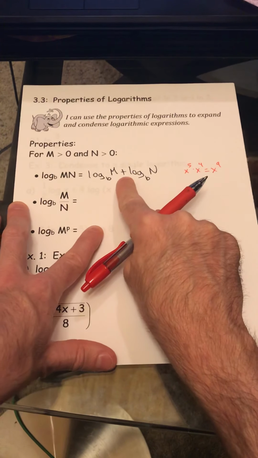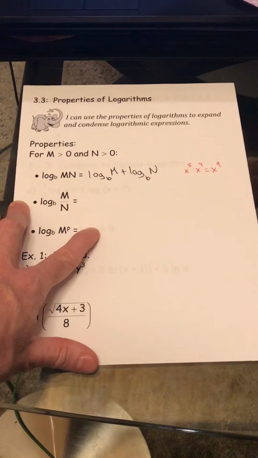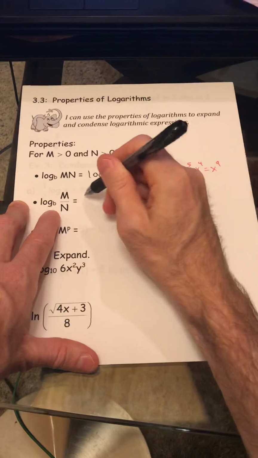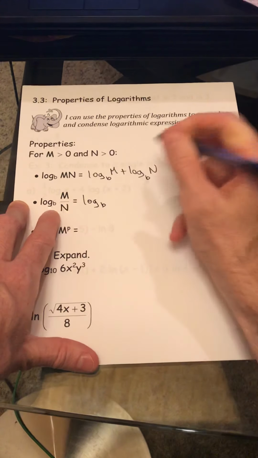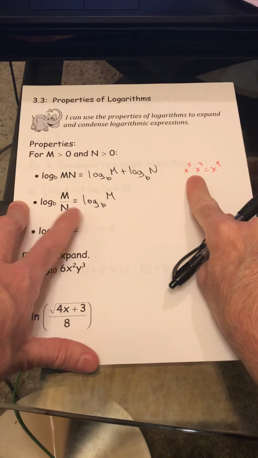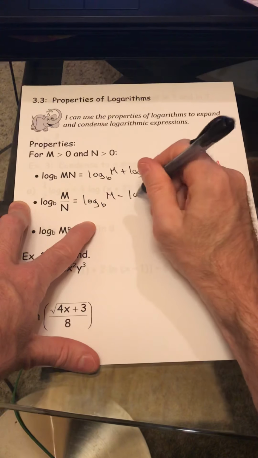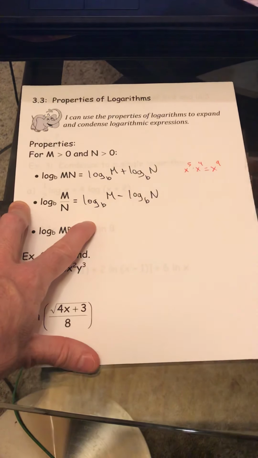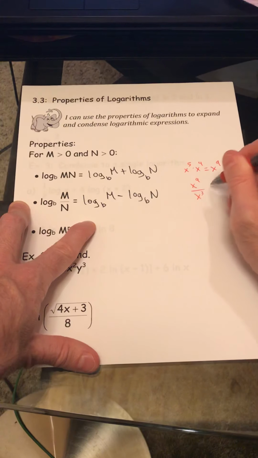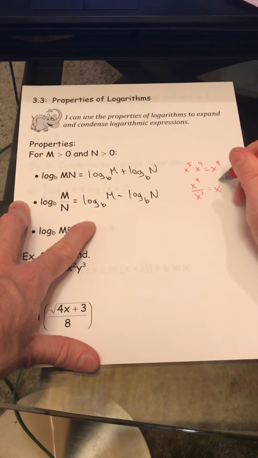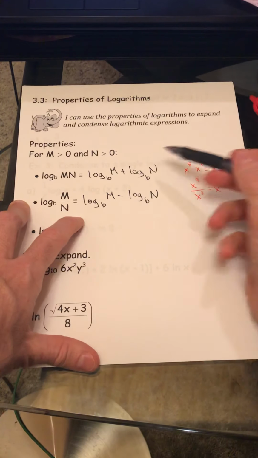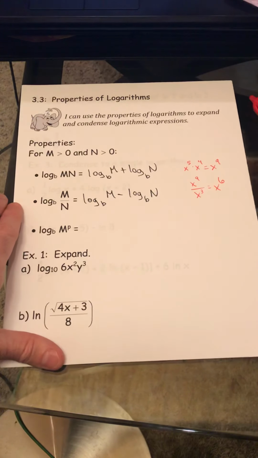If you are adding logarithms, you would combine by multiplication. Log base b of m divided by n. Much like with exponents, if you were dividing, you subtract. So again, if you had x to the 9th divided by x to the 3rd, x to the 6th. So these all have some similarities to your properties of exponents.